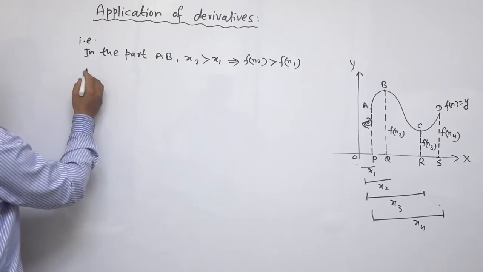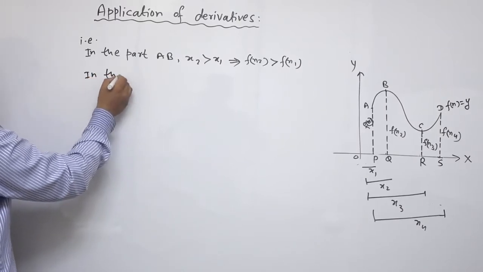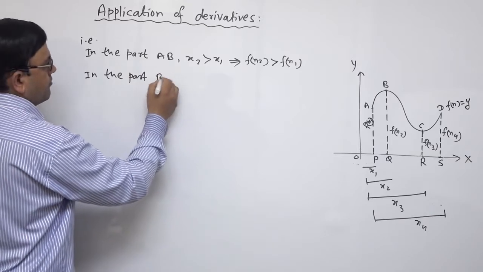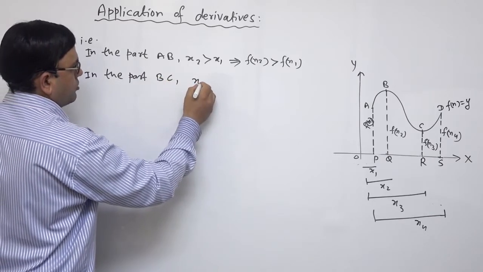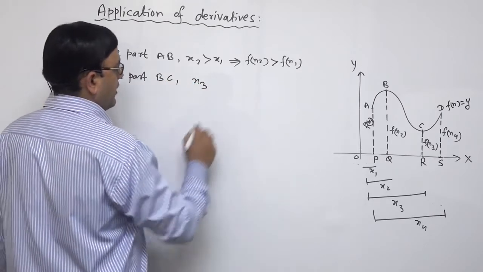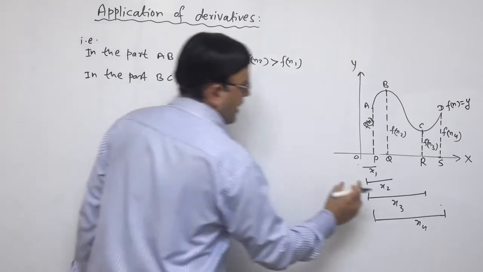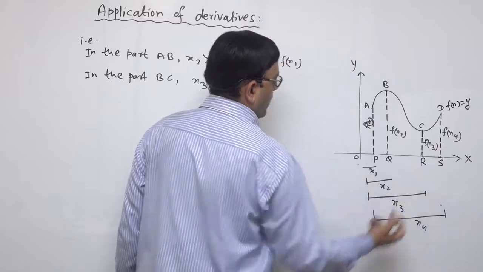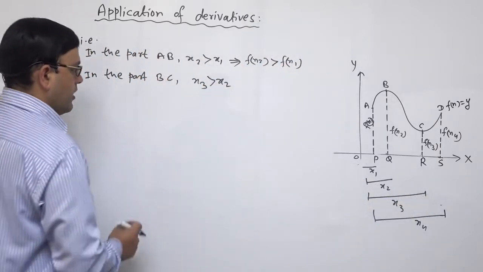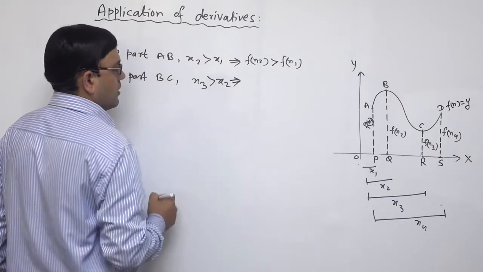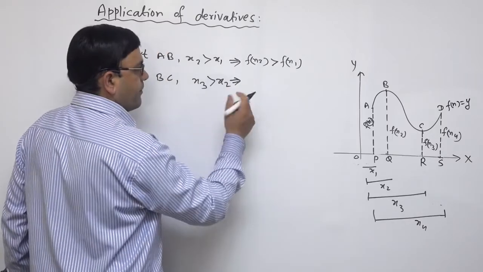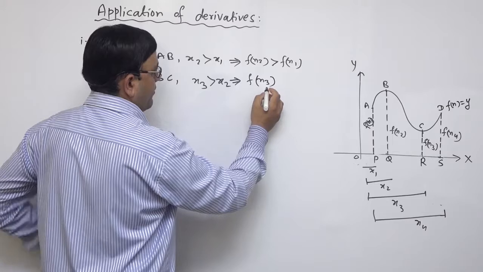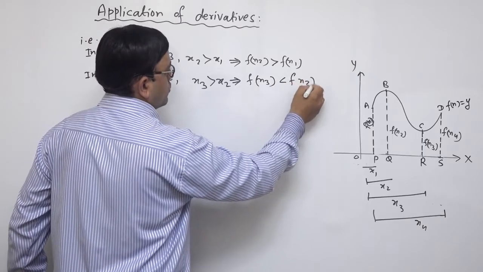And again let us look in the part BC, x3 is greater than x2. x3 means from here to here, OR, and OR is bigger than OQ, which is x2. So x3 greater than x2 implies fx3 is less than fx2.